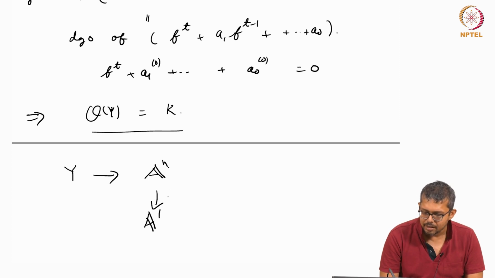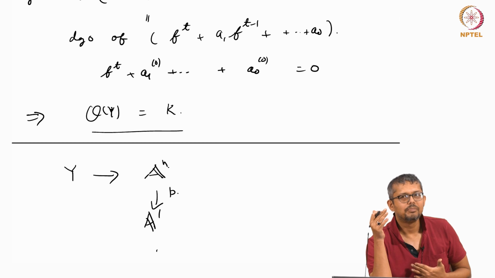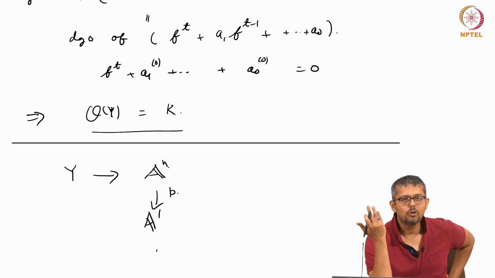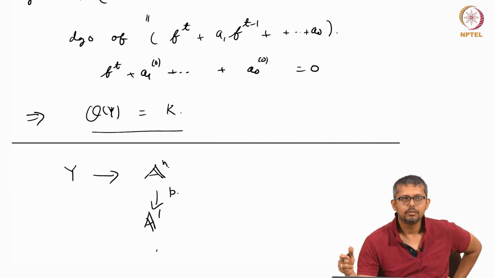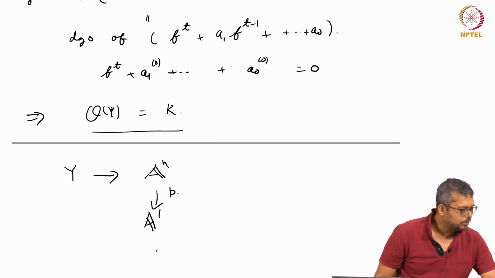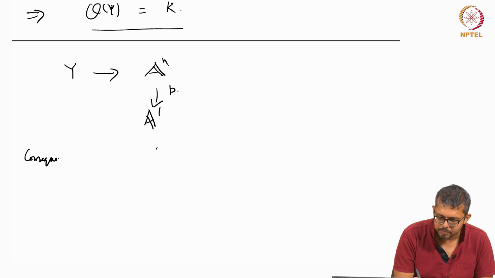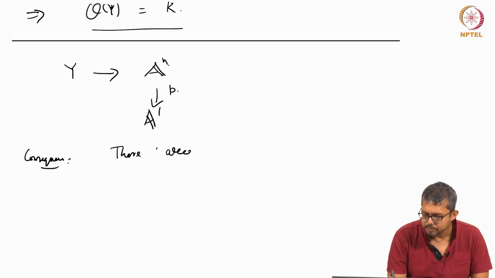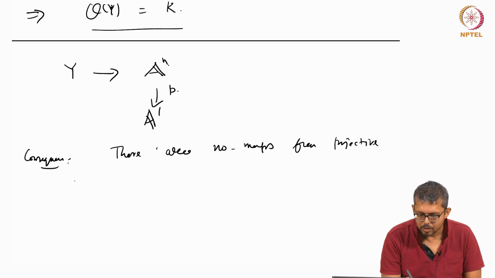Because if there is a map, then you take the projection maps, giving a map Y to A1, but Y to A1 maps are constants. Giving a function from Y to A^n is like giving n regular functions, and every constant is always a regular function. So as a consequence, there are no maps from projective varieties to affine, other than constants. So there are no interesting maps.